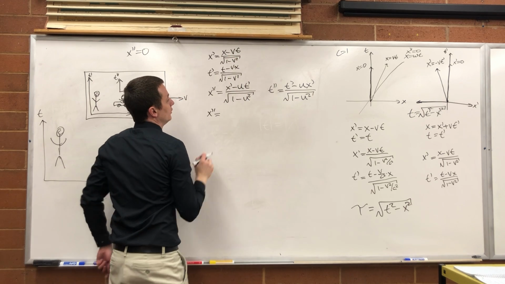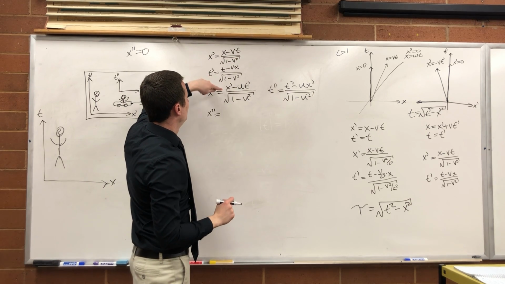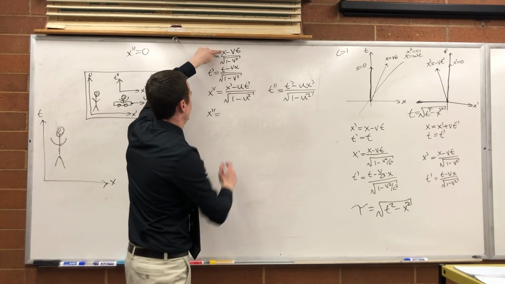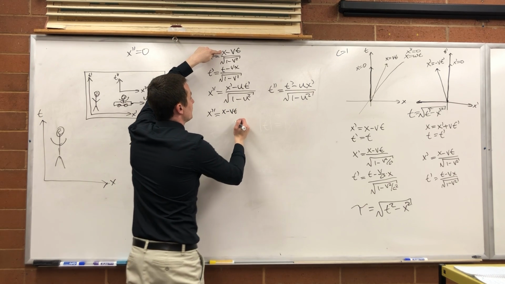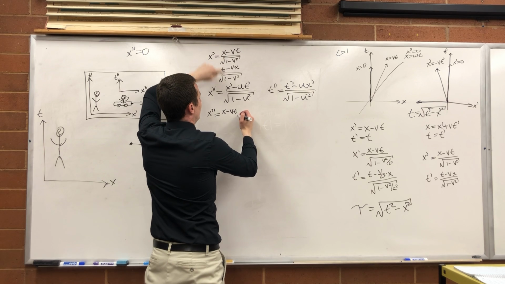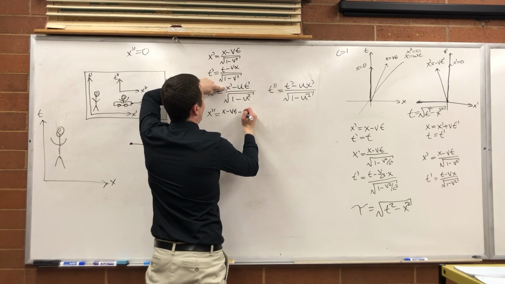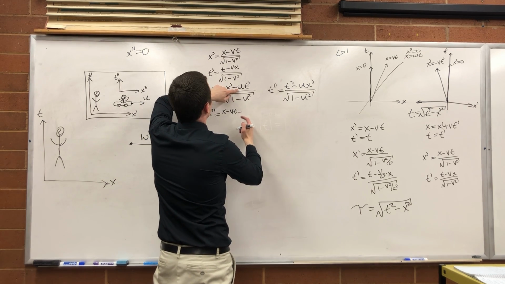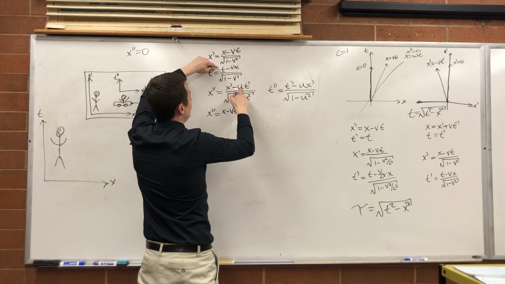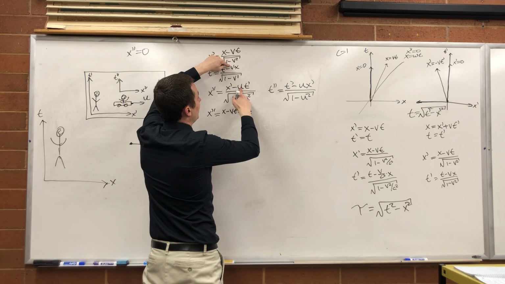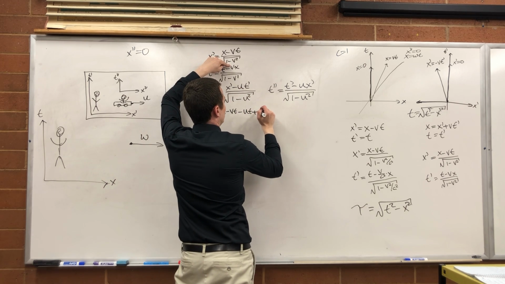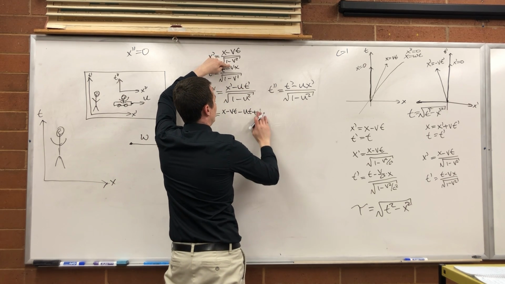Okay, so ignoring the denominators for a second, plugging in x minus vt for x prime, we have x minus vt. That was x prime. Now we need to subtract u times t prime. So minus u times t, so minus ut, and then minus u times minus vx is plus uvx.